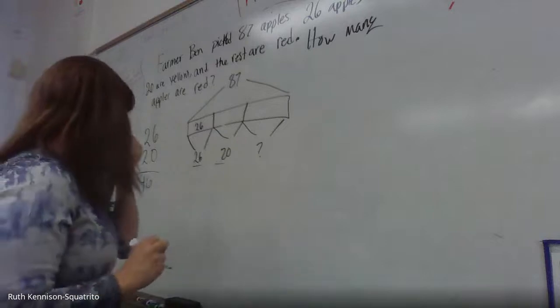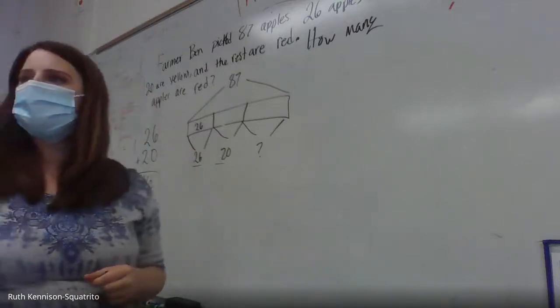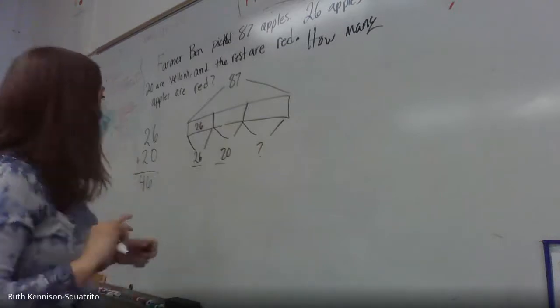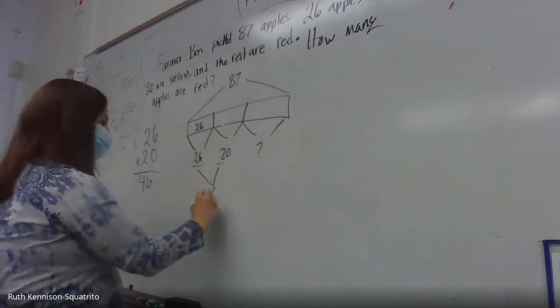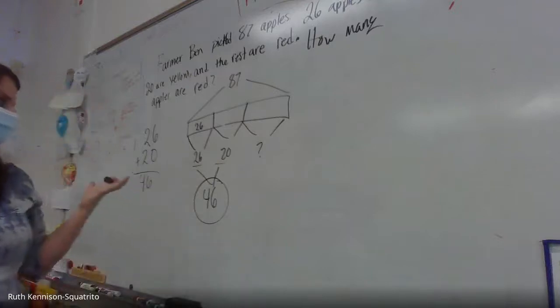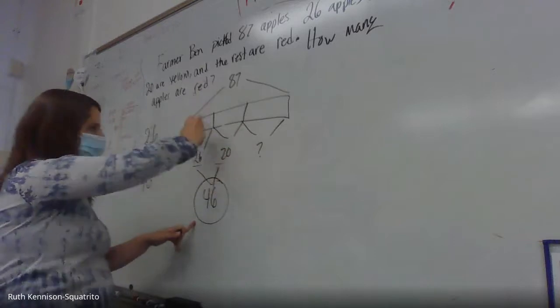So in order to find out how many red ones we have, now we know that we've got 46 yellow and green ones.